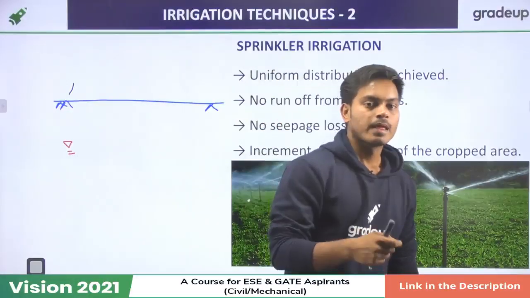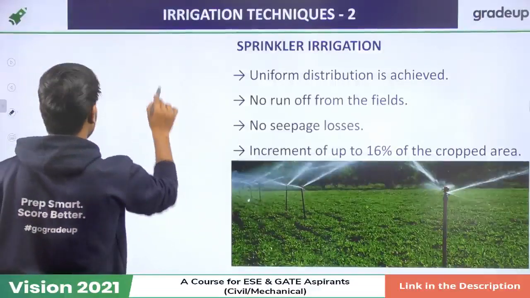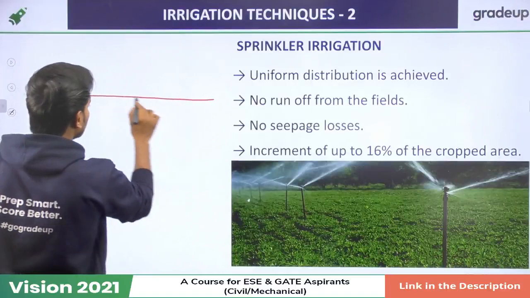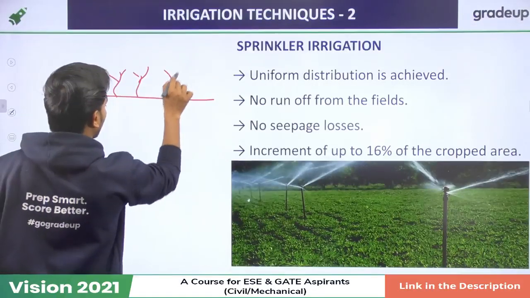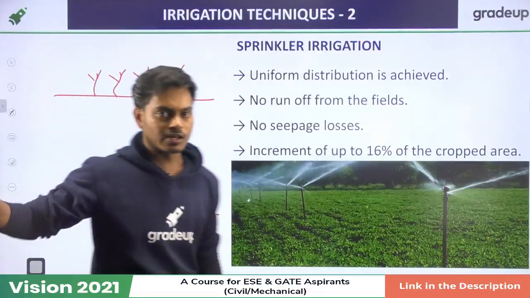Seepage means, okay, clearly you people were not there in yesterday's session. No problem, I'll give you a quick revision. Suppose I have this irrigation field, and this is my groundwater table, the underground water is here.